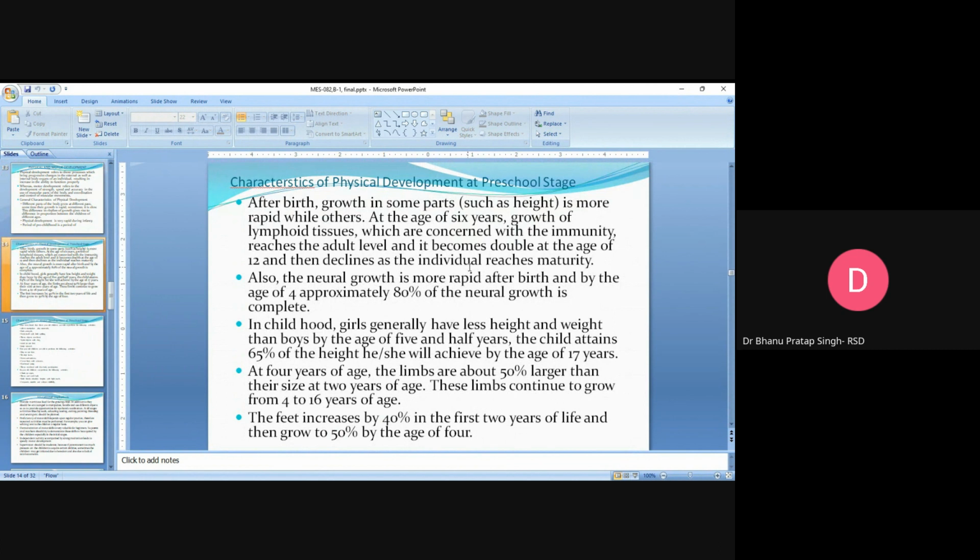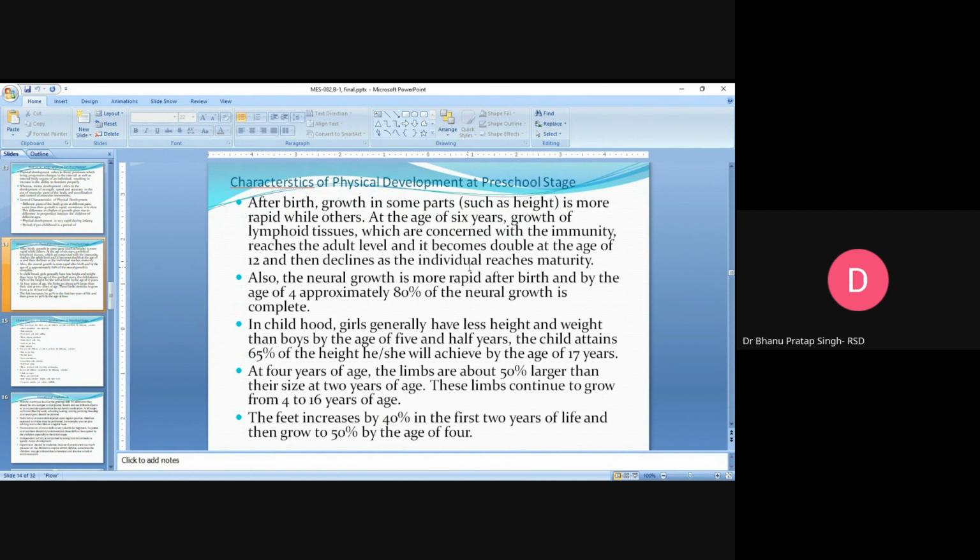After birth, growth in some parts, such as height, is more rapid, while other parts grow more slowly. At the age of 6 years, the growth of lymphoid tissues, which are concerned with immunity, reaches the adult level, and it becomes double at the age of 12, and then declines as the individual reaches maturity.